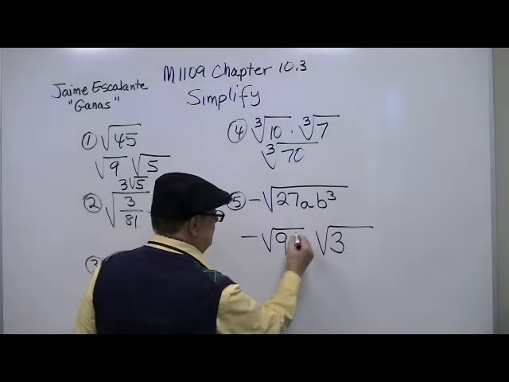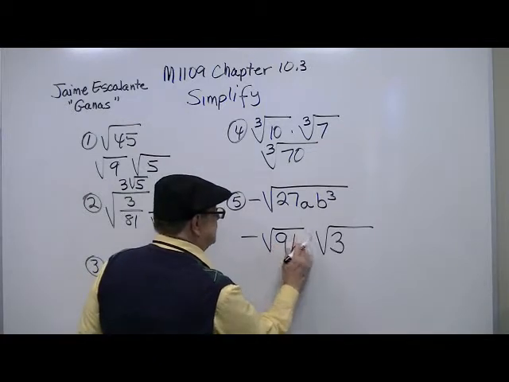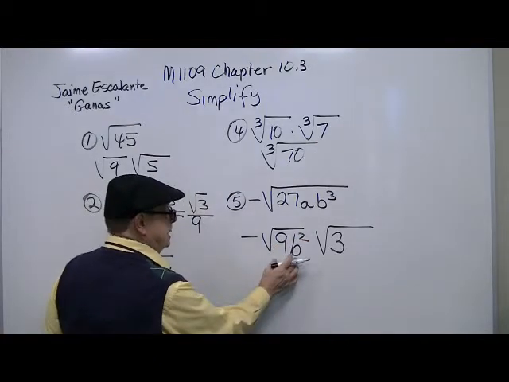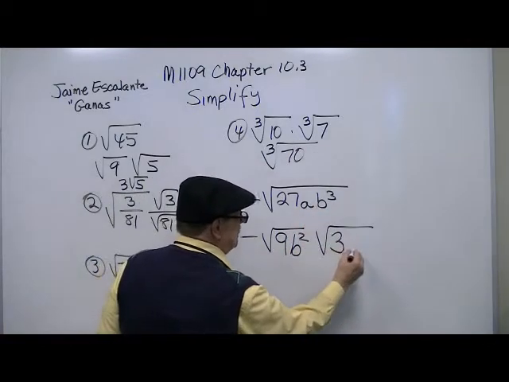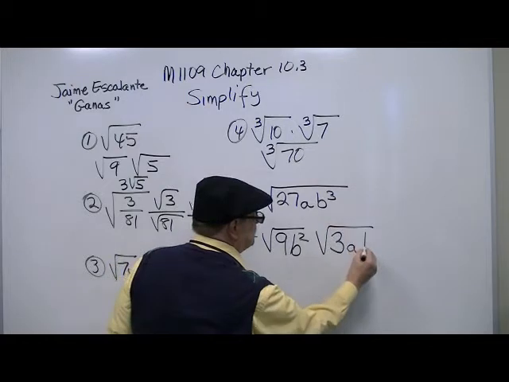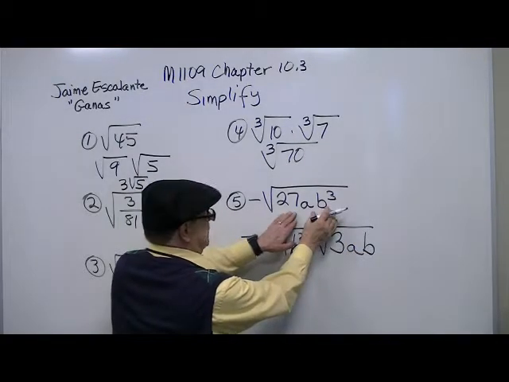And then we have b cubed, let's try b squared there, is the perfect square. And then what am I left with now? I'm left with an a, and I'm left with a single b. So once again, if I multiplied these, I would get that.